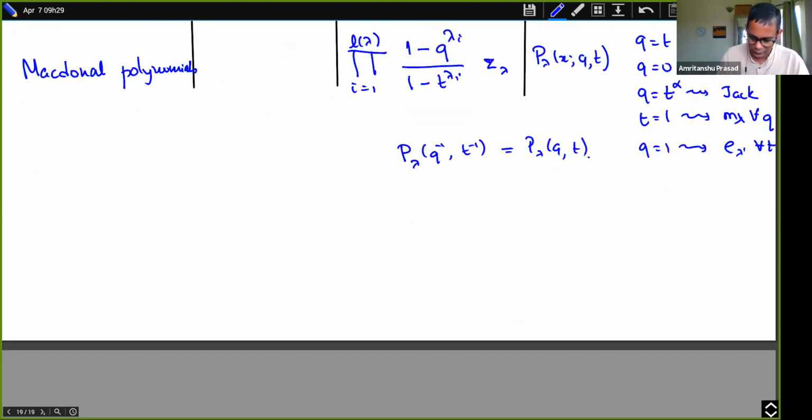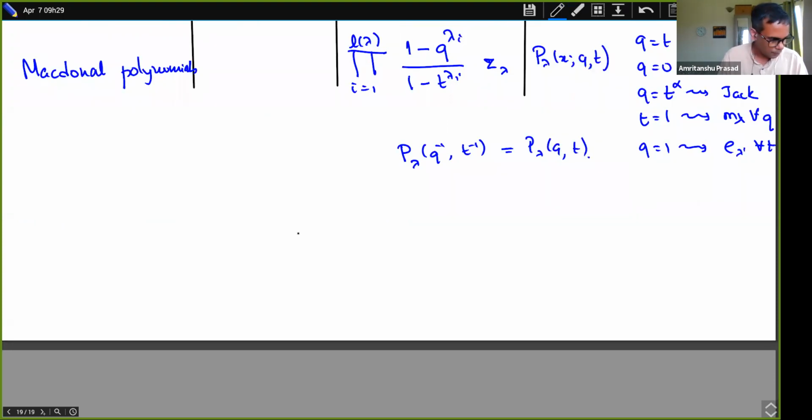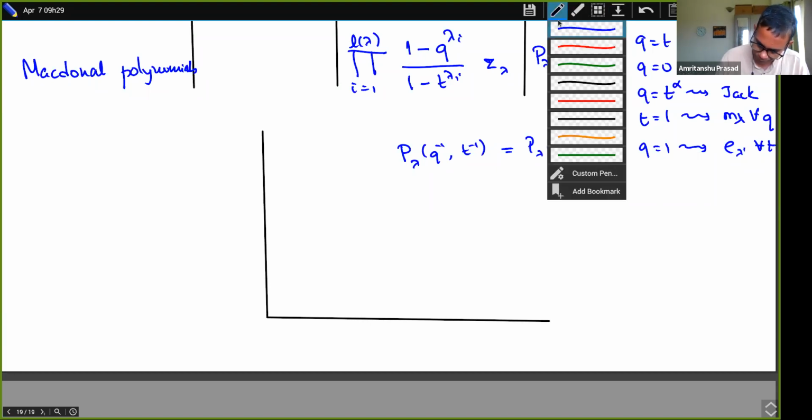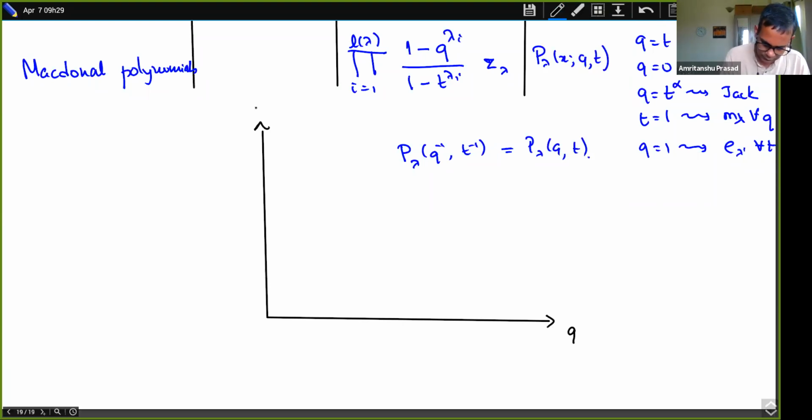Okay, so maybe you can look at this picture, which is in Macdonald's book that I'm using, and so you draw the Q axis and the T axis. This is Q, this is T, and this is 0 0. This is 1 0, this is 0 1.